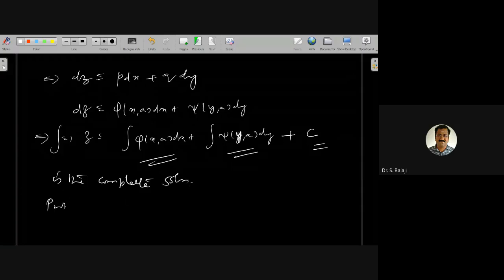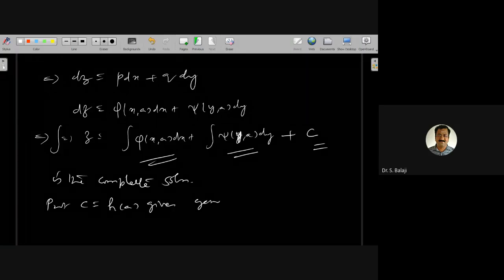Put c equal to some function h of a, which gives the general solution. In the complete solution, an additional c is there.